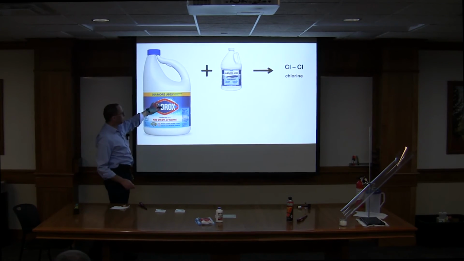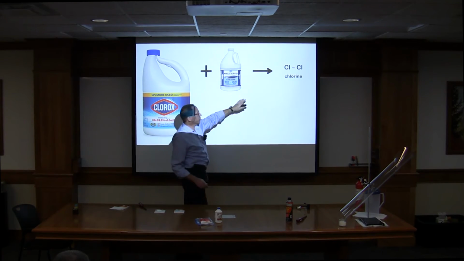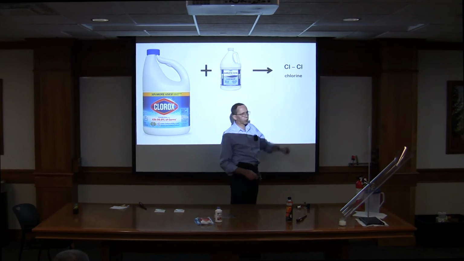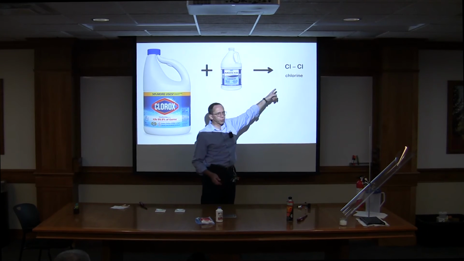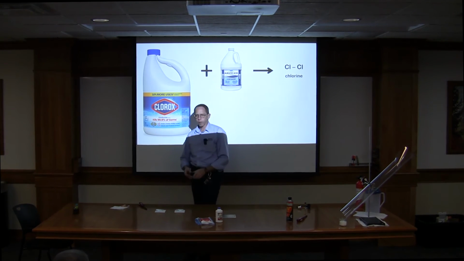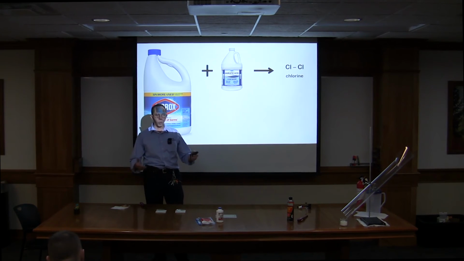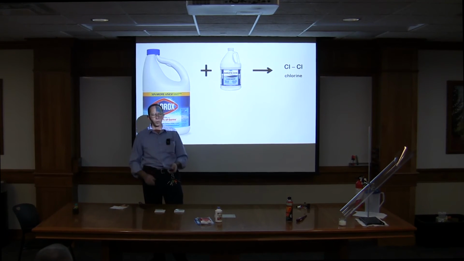Well, when you mix bleach with acids, the reaction gives off, among other things, chlorine. Chlorine is a gas that you can see, unlike carbon dioxide. That one is green.